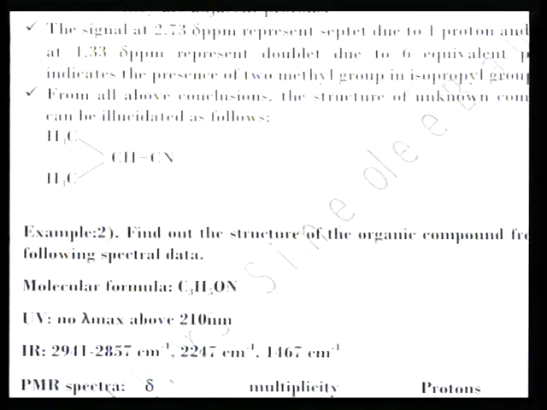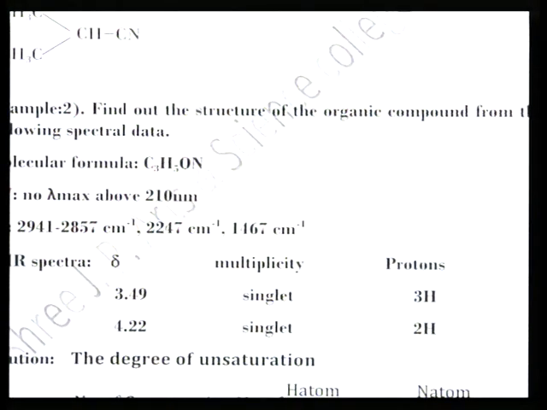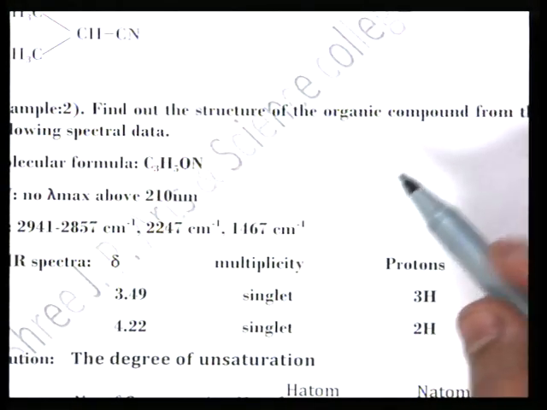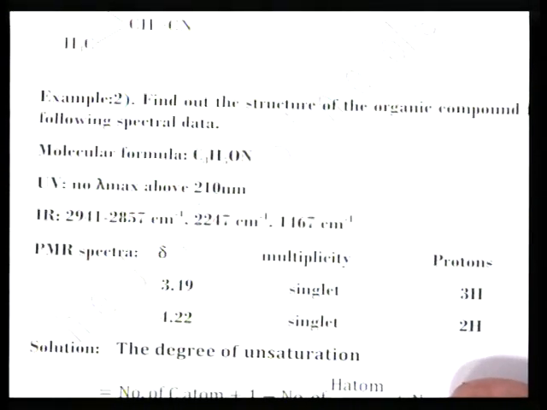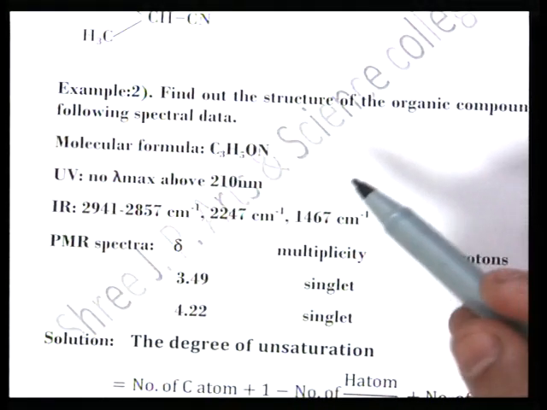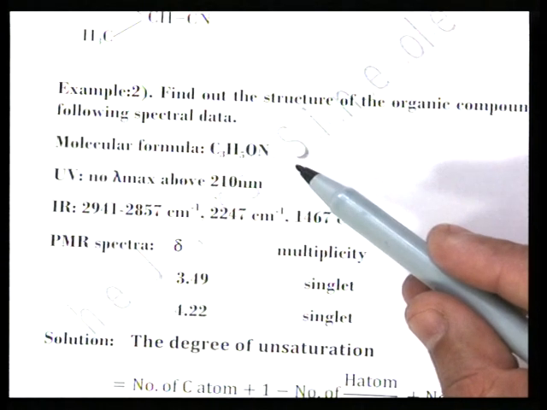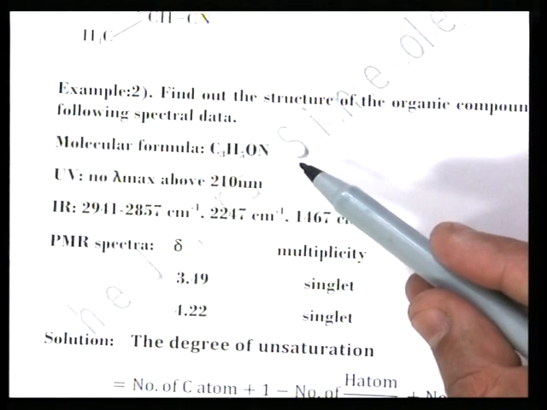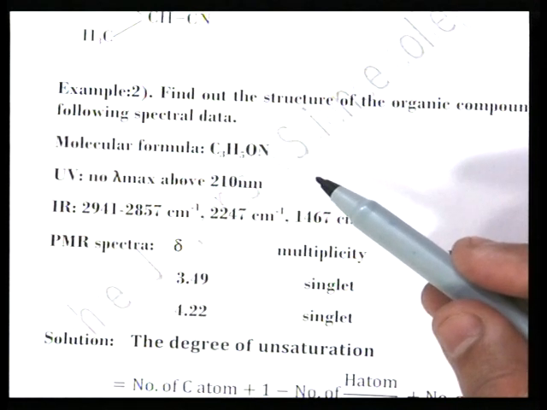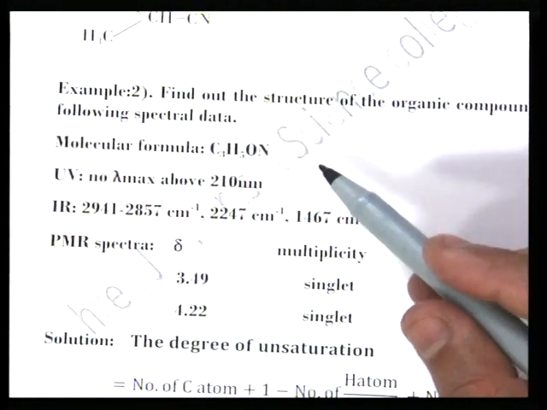Now, the second example. The molecular formula is given as C3H5ON. Here also there is an odd number of nitrogen, so the molecular weight is odd, and in mass spectroscopy the fragment is also observed at an odd mass.